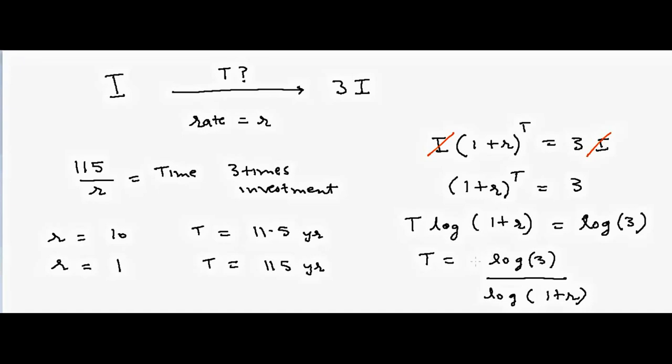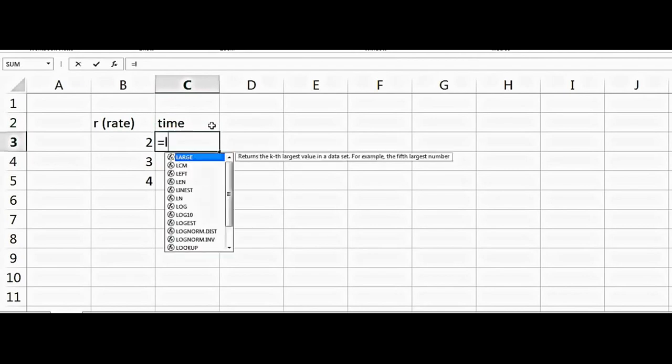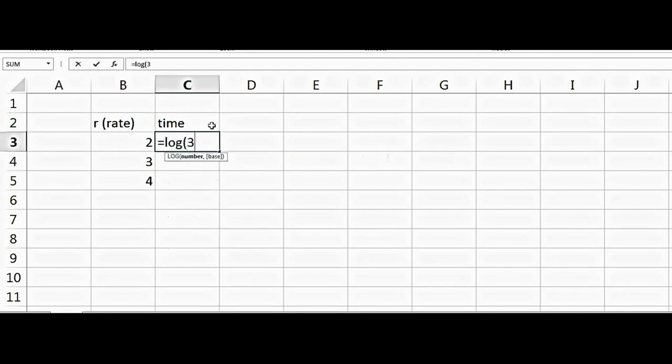So if I go to Excel, I can say, suppose r is my rate, and we have the rate varies from 2, 3, 4, and our time will be equal to log of 3 divided by log of 1 plus rate, right?